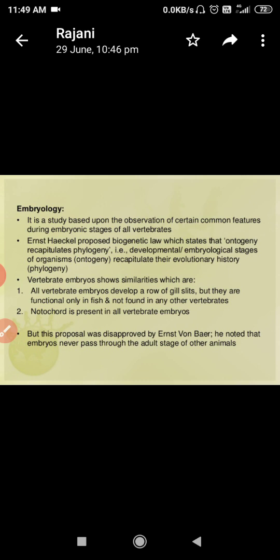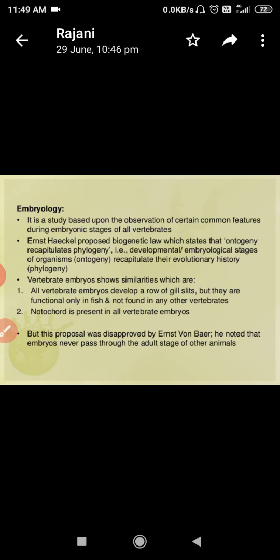It means that after seeing these embryological developmental stages, we can easily understand the evolutionary history of any organism. Now vertebrate embryos show similarities.